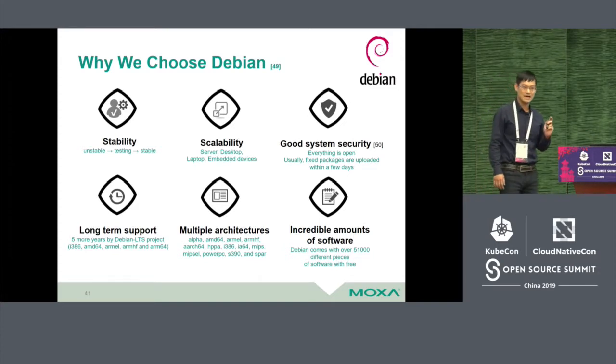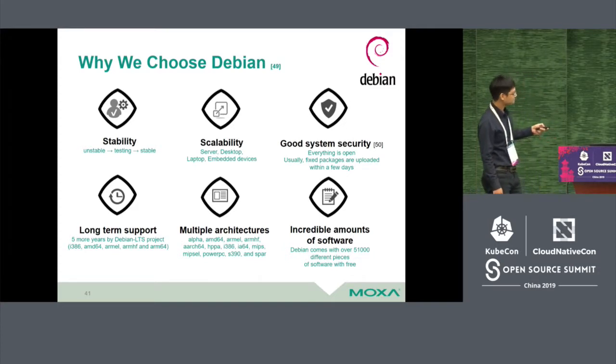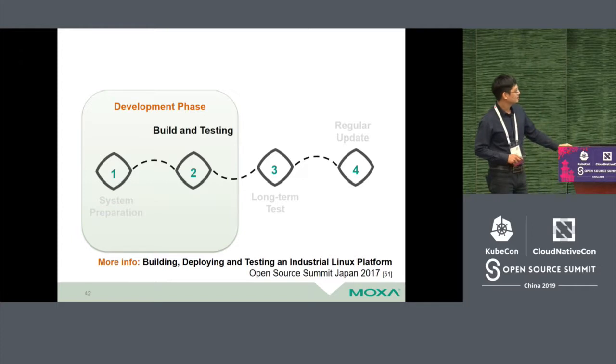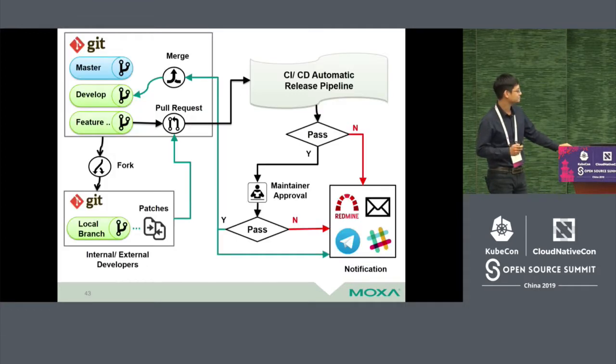Debian has the security tracker, long-term support of 5 years, multiple architectures, and more than 50,000 packages inside. In the build and testing, it's very important for industrial platforms. If you want more information, you can check the references at the end.